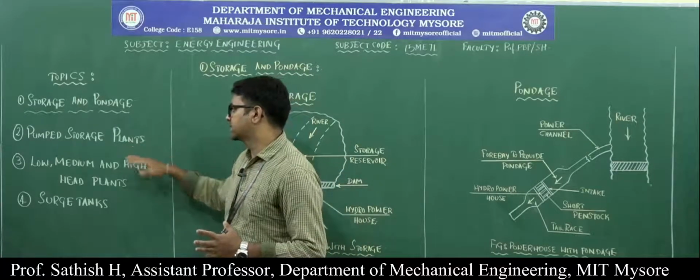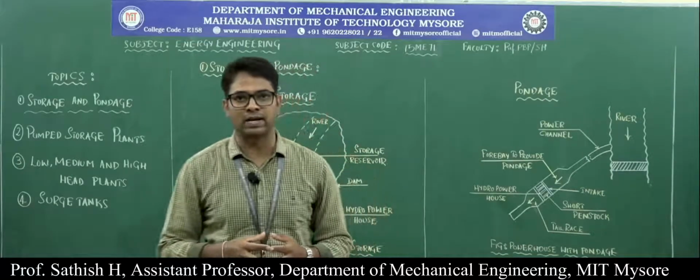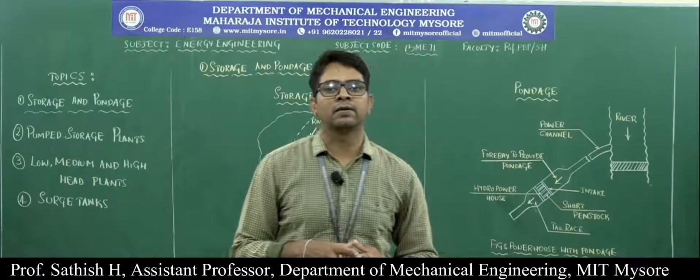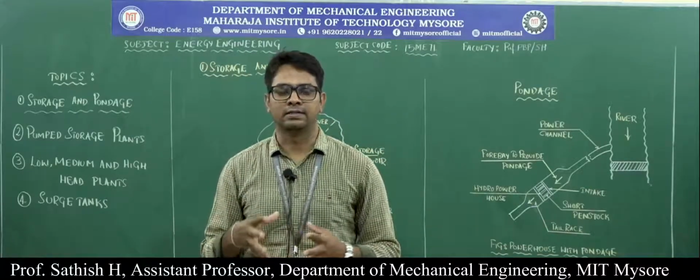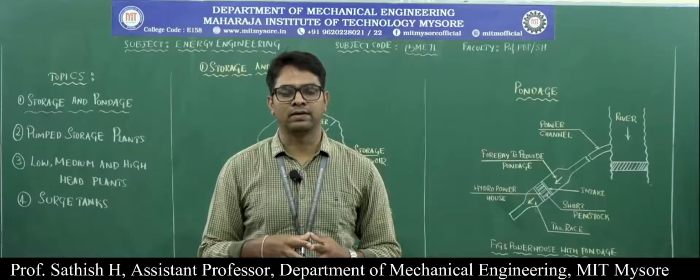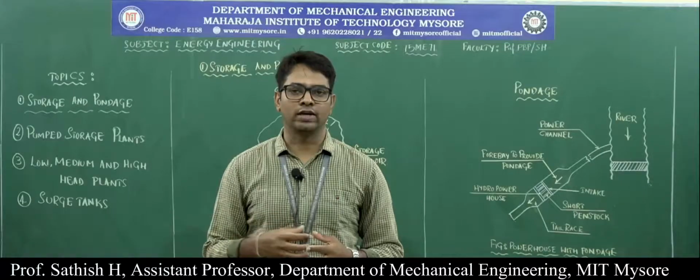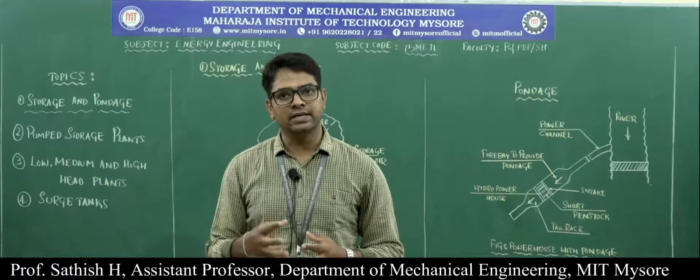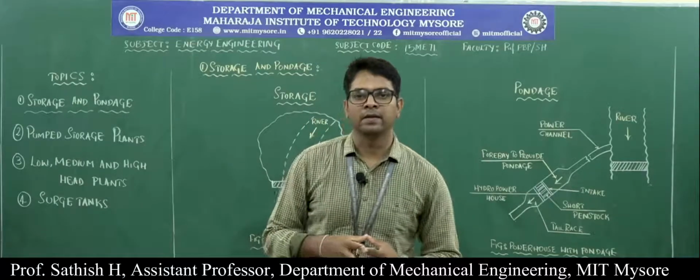The next topic that we are going to discuss in this session is pumped storage plants. Sometimes there is a scarcity of water at the hydroelectric power plant, when the water availability is very low. In such cases, pumped storage plants are used.